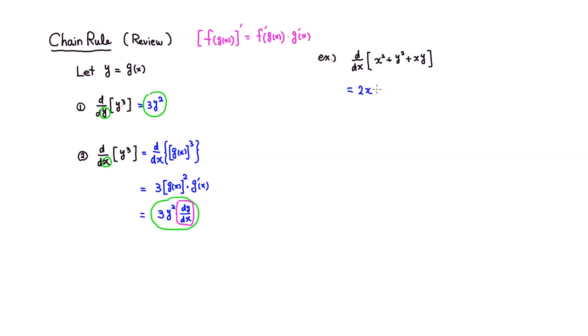Now, the second term is y squared. Now we're talking about different variables. So you take the derivative of y squared with respect to y first, which is going to be 2y, but you have to multiply by the derivative of y because of the chain rule.